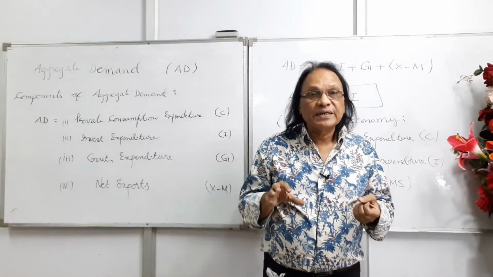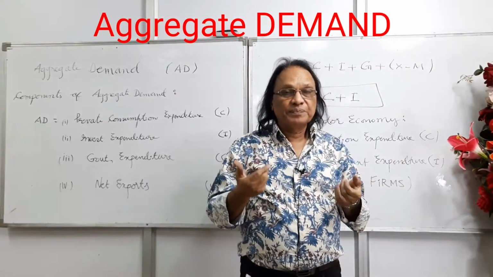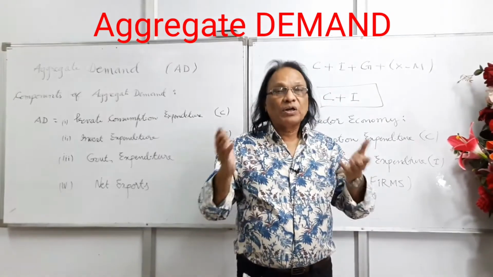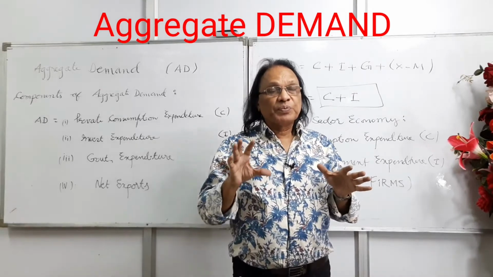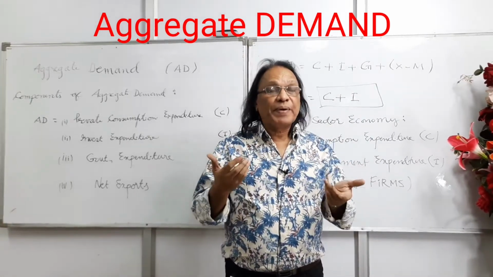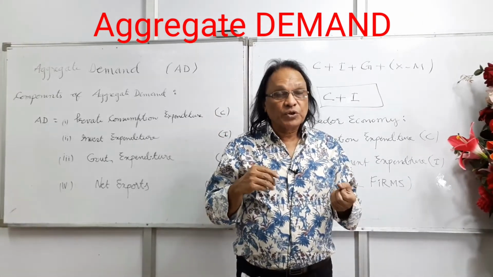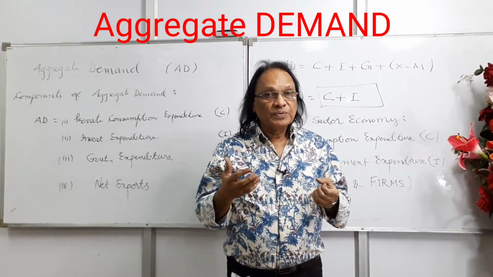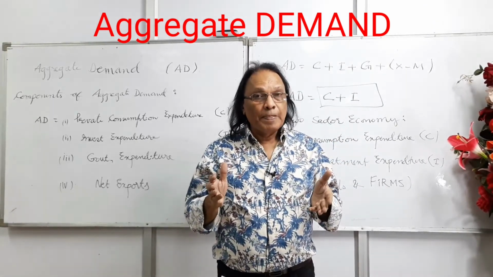What exactly is aggregate demand? It's the demand in the whole economy, in the entire economy, the demand of all consumers, producers, the government, and including the demand for goods which we import from other countries. So now we go into detail. How do you define aggregate demand?